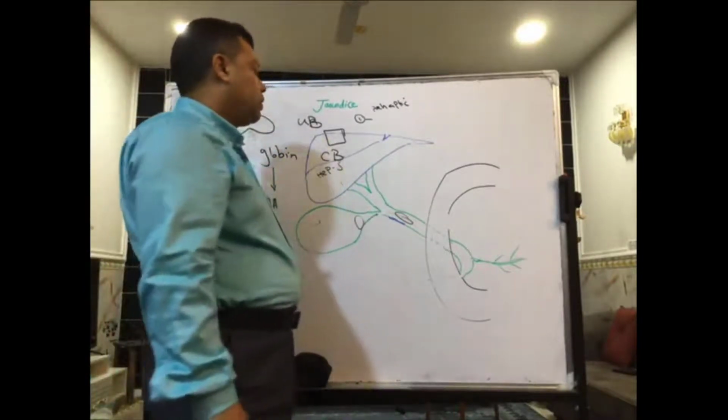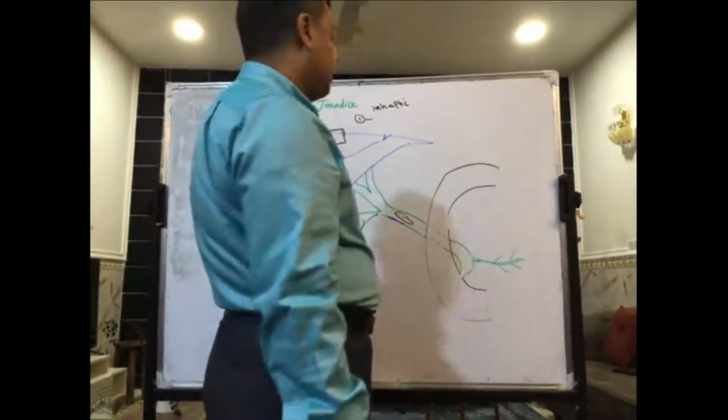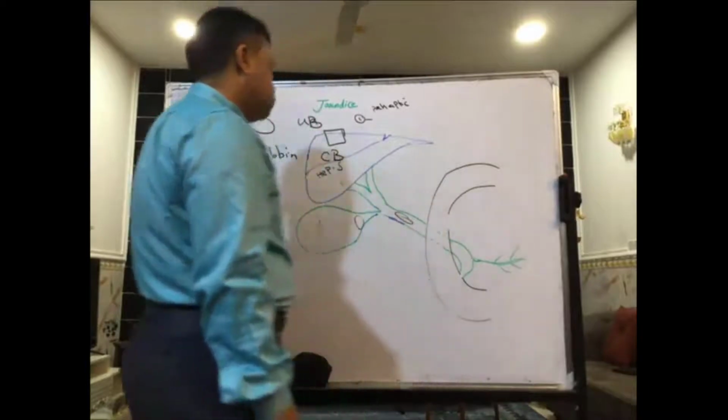This is called post-hepatic or obstructive type of jaundice.